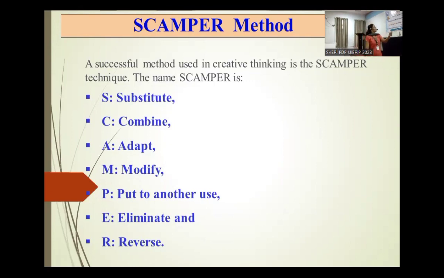So another method for creative thinking is, first, substitute. You can do substitute for an actually existing method. Second is combine. So two, three methods can be combined so that your innovation comes in the picture, which will serve in the market. Third is adapt the new technologies. With the same reference I will take 5G technology.